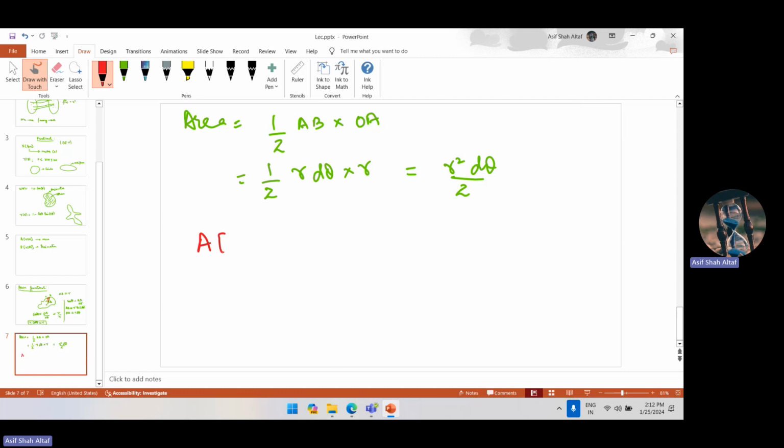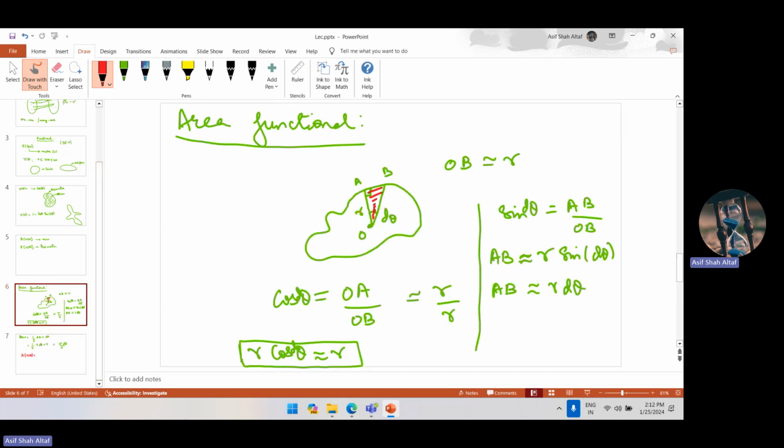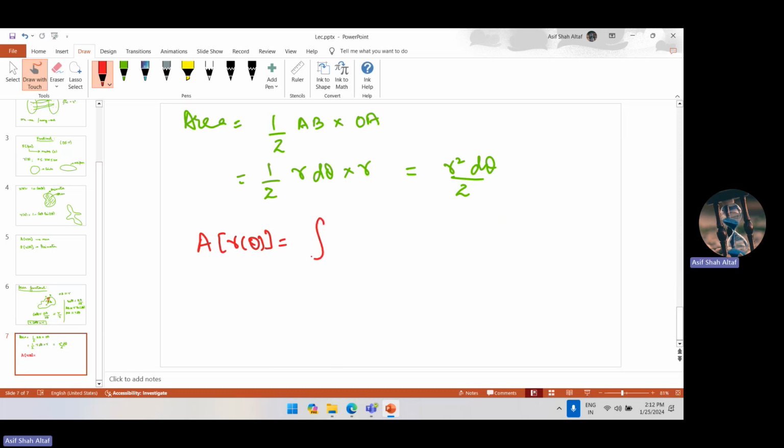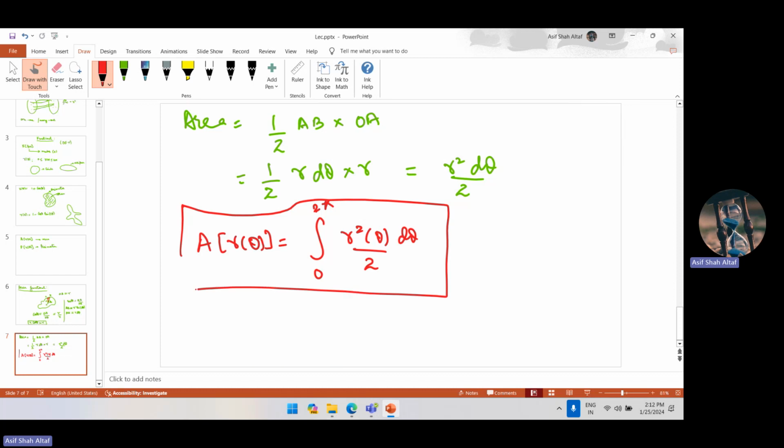So the area then will be a function of R of theta, that means this r of theta defines this shape, then the total area will be the integral from 0 to 2 pi of r square theta by 2. So then this is what we call the area functional.